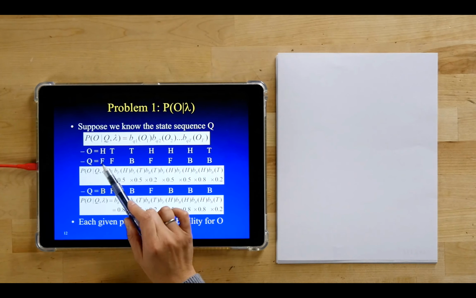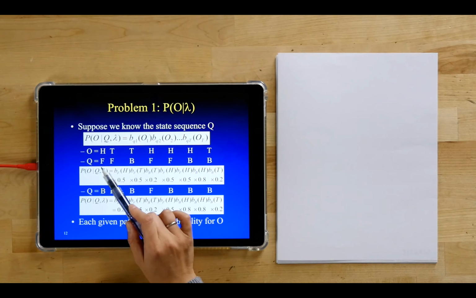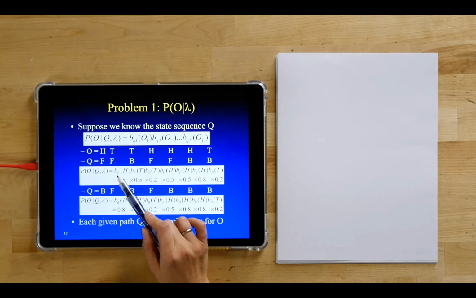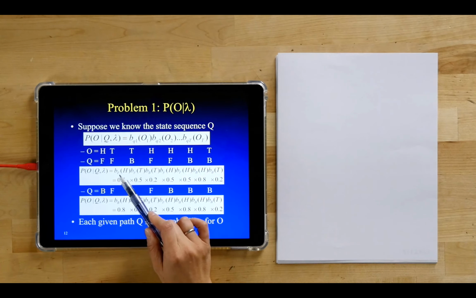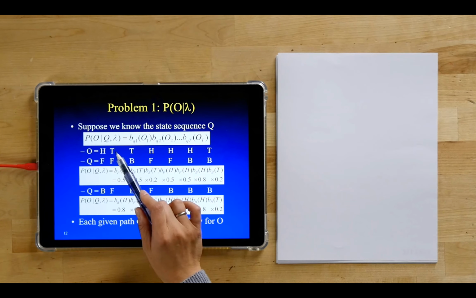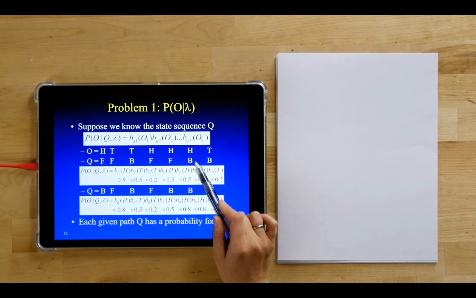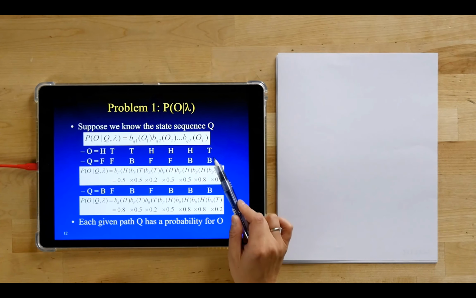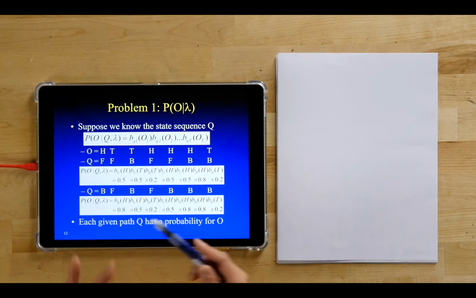So if we know that the first coin flip head is coming from a fair coin, then the probability of head from a fair coin is 0.5. That is the emission probability of a fair coin given a head. And the second one, we have a fair coin giving a tail, a biased coin giving a tail, fair coin giving a head, fair coin giving a head, biased coin giving a head, and biased coin giving a tail.